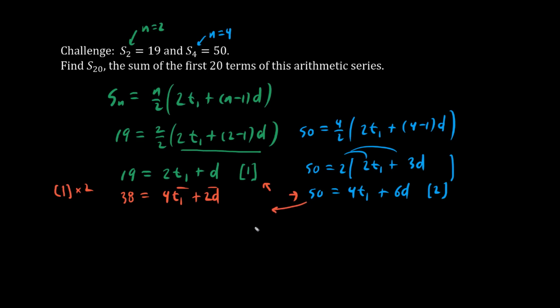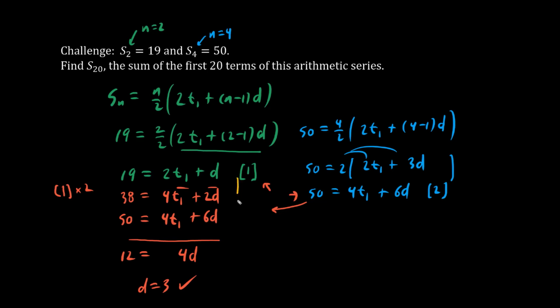Let's copy over equation number 2 to the left. 50 equals 4t1 plus 6d. We now subtract bottom minus top. We have 12 equals 4t1 minus 4t1 cancels out. 6d minus 2d is 4d. Dividing both sides by 4, we have d equals 3.